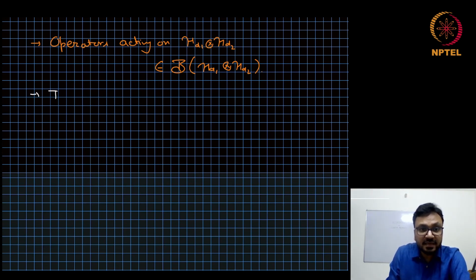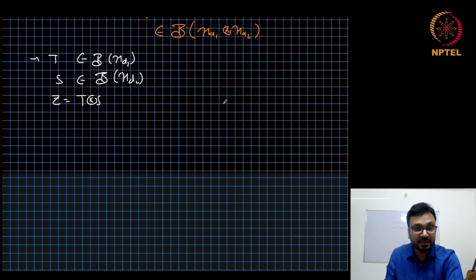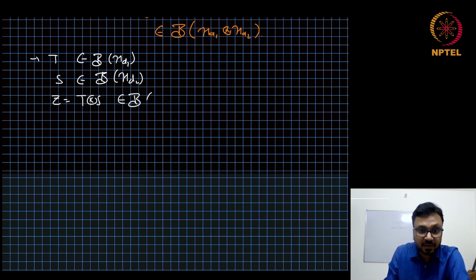If T is an operator acting on HD1 and S is an operator acting on HD2, then we represent the operator Z, which is T tensor S. We will define what we mean by tensor here. That will belong to HD1 tensor HD2.